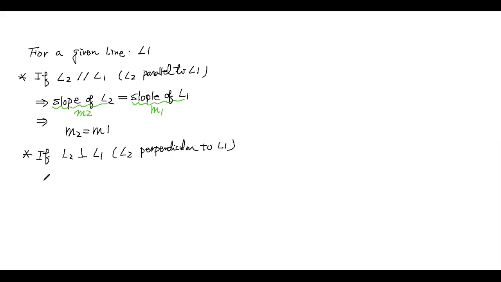Again, let the slope of L2 be M2 and the slope of L1 be M1. If they are perpendicular, then M1 times M2 is equal to -1. That means they are reciprocals of each other, plus a negative sign.